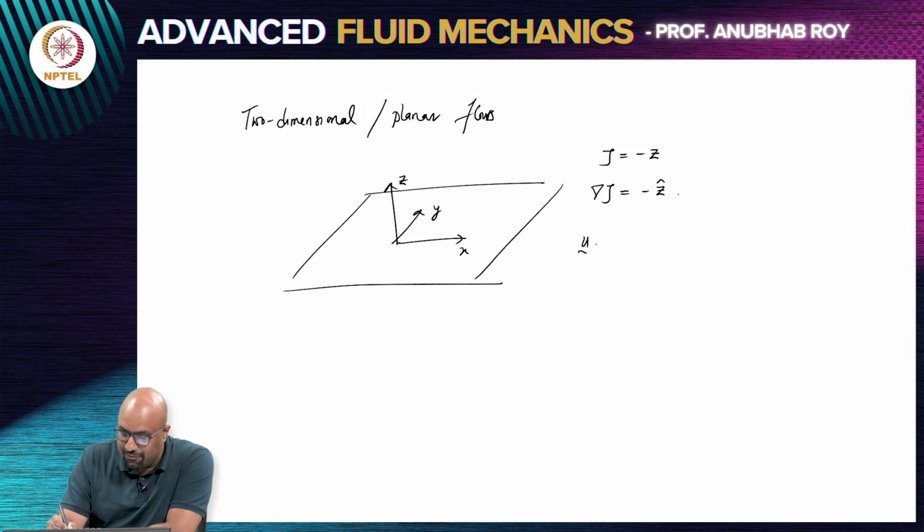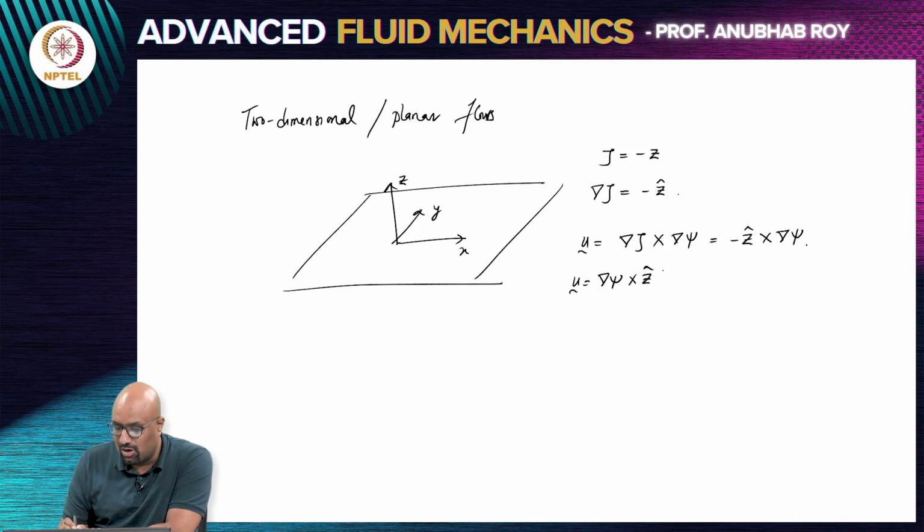So, the velocity field, which is defined as gradient of the scalar function zeta cross gradient of psi, becomes minus z hat cross grad psi, or you can also write it as grad psi cross z hat.